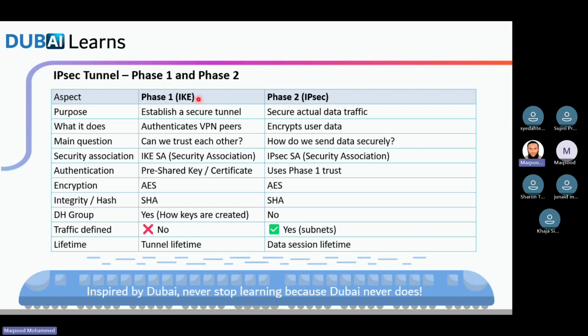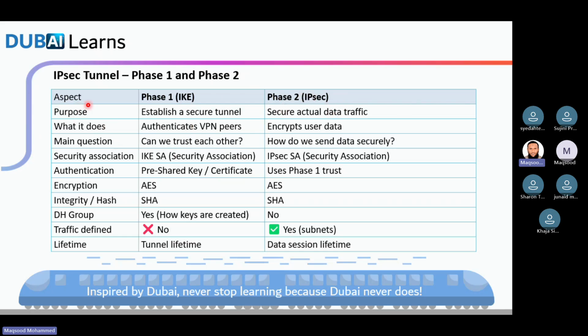It's all in the background, but you need to understand this. When the tunnel is being established, there'll be two phases of tunnel establishment. Phase one is called the IKE phase, IKE being the protocol which I told you about in the previous slide. And phase two is the IPsec phase.